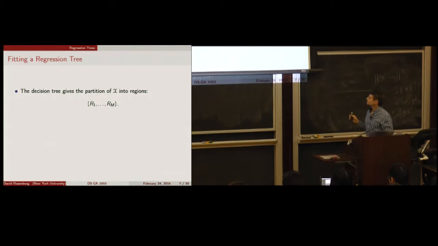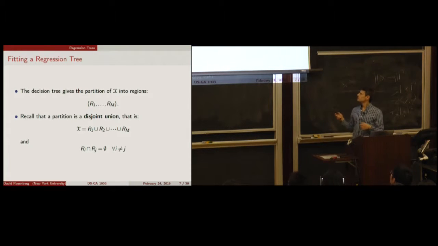OK. So let's formalize it a bit. A decision tree partitions an input space into regions, which we'll call R1 through RM. So M regions that we are dealing with. And to remind you, a partition is a disjoint union, which means each of these regions have no intersection, but when you union them all together, it's the whole input space.